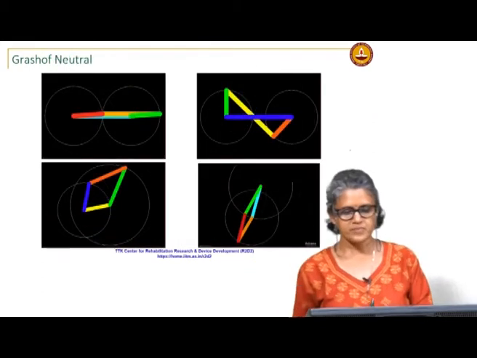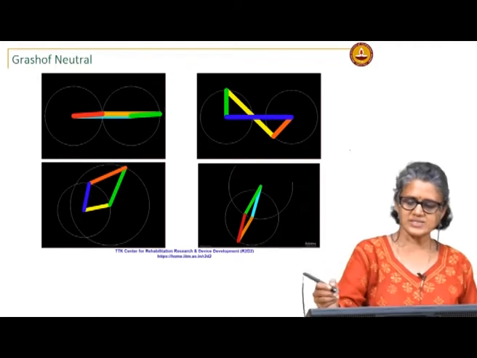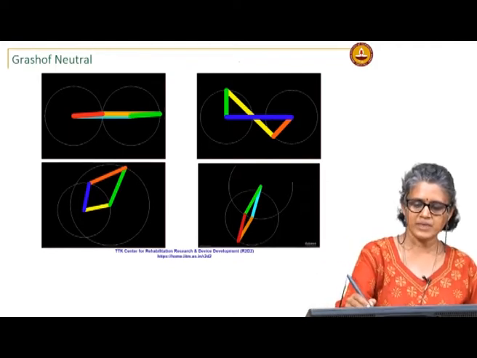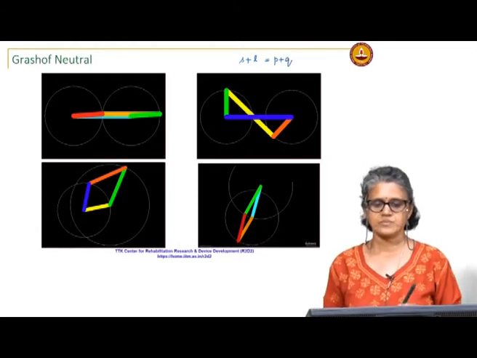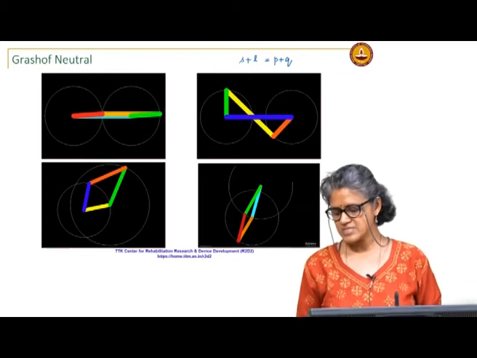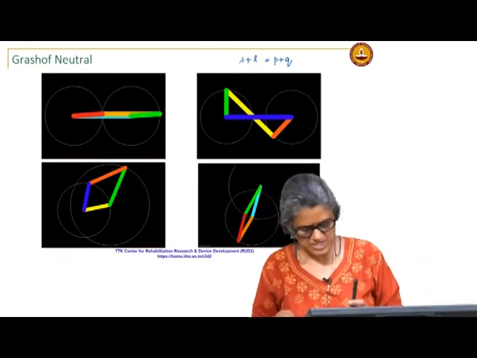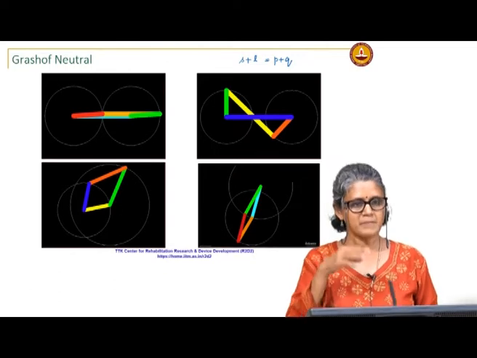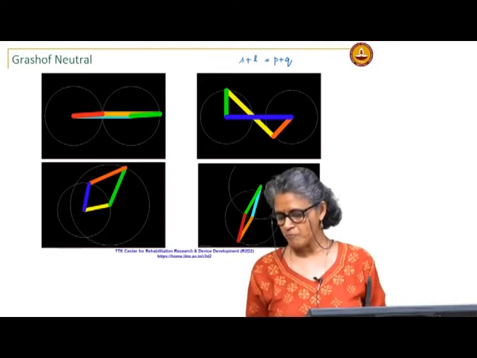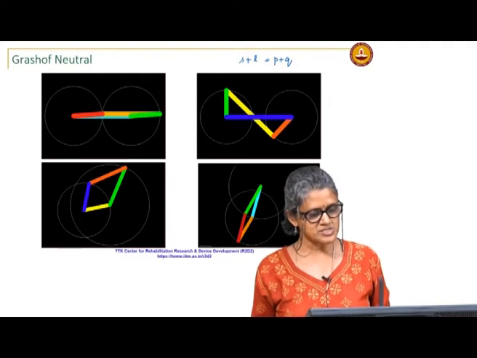Now, the special case is when S plus L equals P plus Q. A couple of special linkages are called the parallelogram or kite form of these linkages.